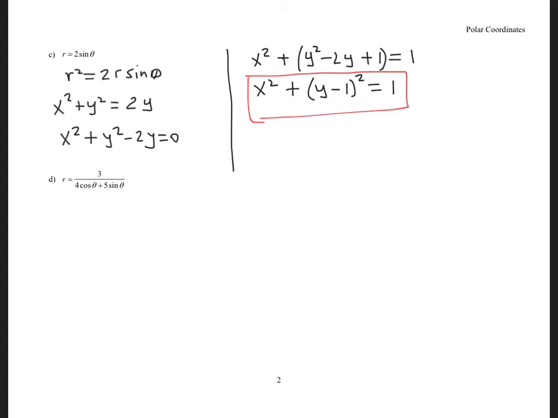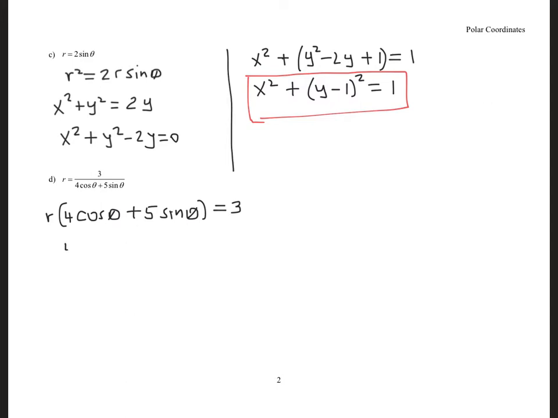Okay, let's go to the next one. So for this one, we have 3, but the cosine and sine are in the denominator. So what I'm going to do is multiply both sides by 4 cosine theta plus 5 sine theta. So I multiply that by r is equal to 3.